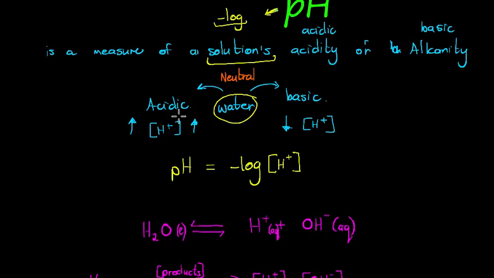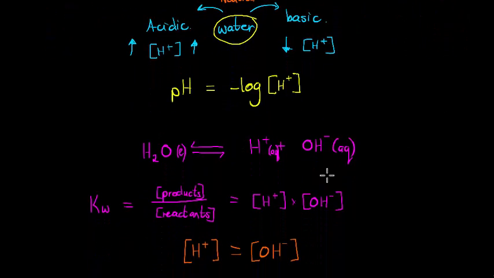When we increase the concentration of hydrogen in water, we make an acidic solution. If we decrease the concentration of hydrogen, since the Kw value is a constant, remember that, if we decrease this value, we will increase that value.